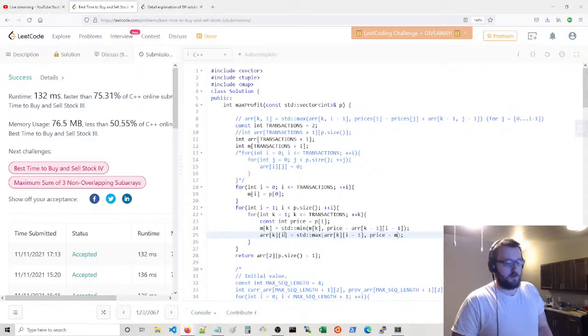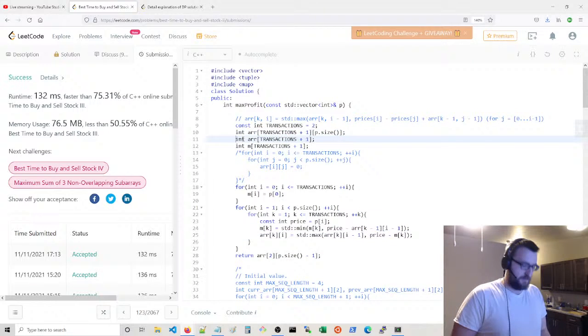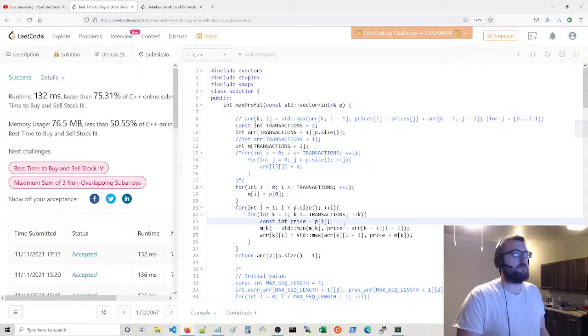An array of k of i is m of k. And the tricky part is, if we leave array as it is, this should still be correct, I believe.